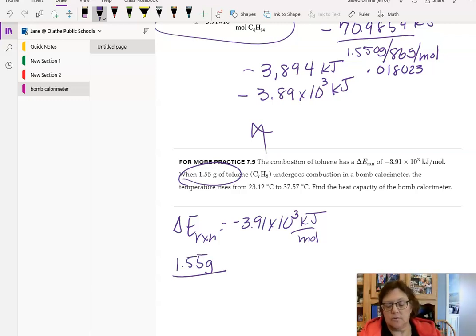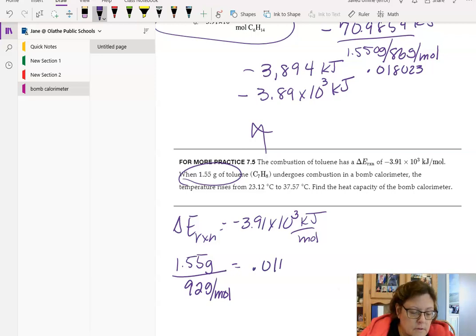This is a different chemical, so it has nothing to do with the one above except that it's the same number. Toluene, C7H8, 92. So we have 0.016848 moles.